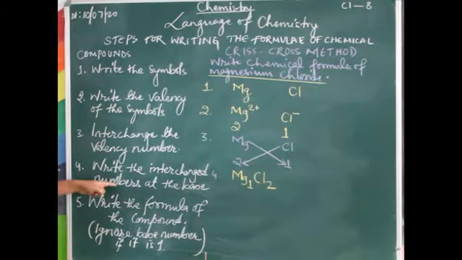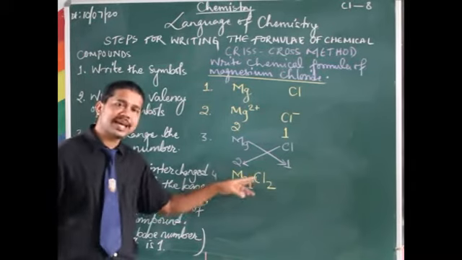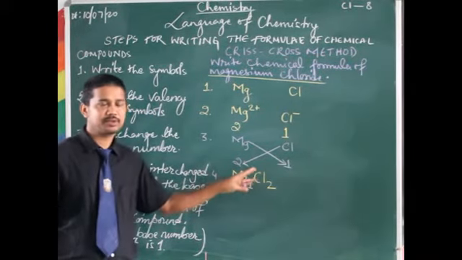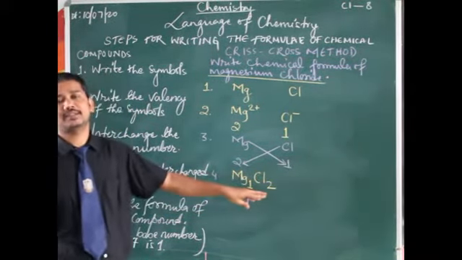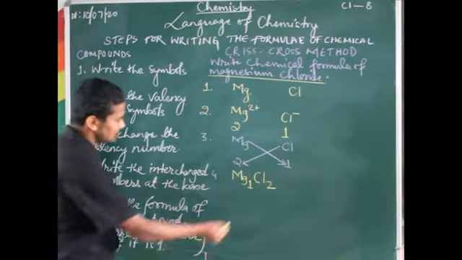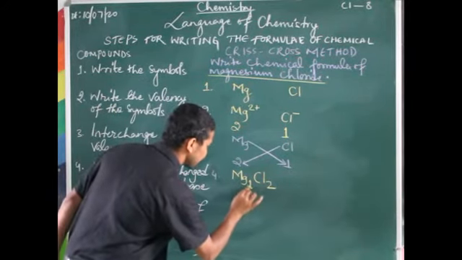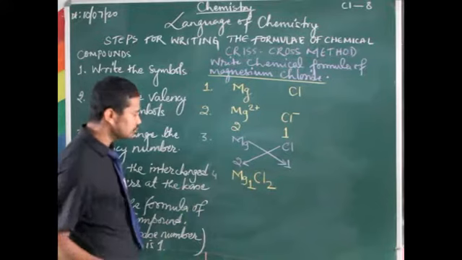Now, if there are numbers which can be cancelled, reduced to the lowest term, we have to do that. But 1 and 2 cannot be cancelled. So you write 1 and 2 only.